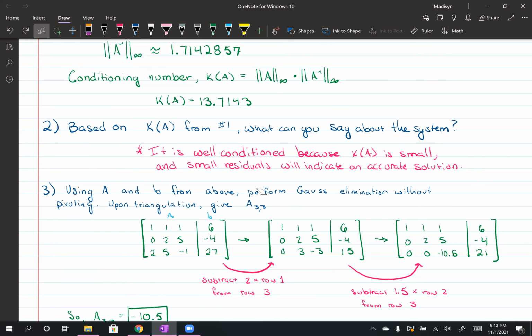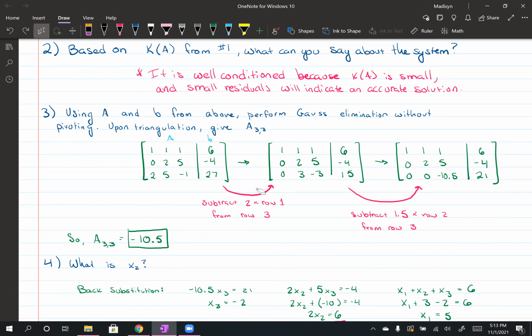That's not really how it is. When we say that a conditioning number is large, we mean a big number. If it's anywhere less than 100, you're probably safe to say that it's small. And we likely won't give you a number that would be a vague, is this big or is this small? Because 13.7 is considered small. So do note that.